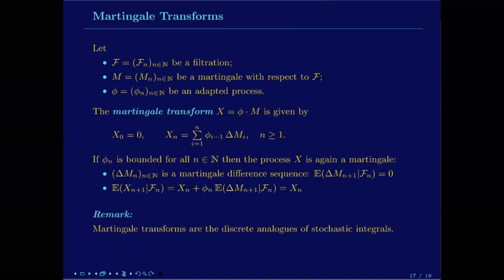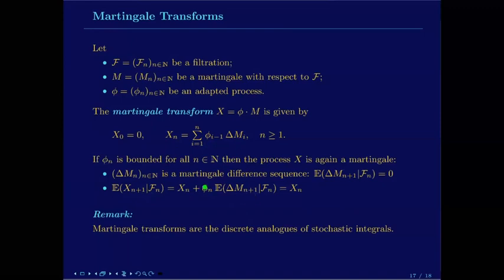So, as I said, this delta Mn is a martingale difference sequence, so its conditional expectation is 0, and therefore we can describe the conditional expectation of Xn+1 given the earlier point in time simply as Xn plus phi n, which is known, times delta Mn+1.